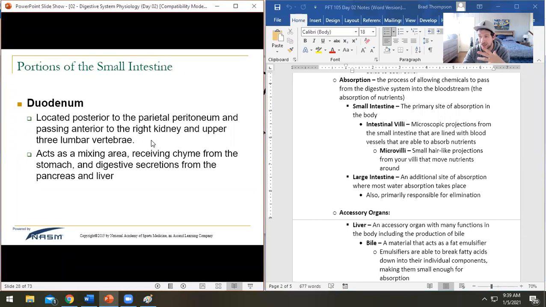This is really the mixing area where all that wet soupy mixture gets mixed together with that bile that I just talked about, or those pancreatic enzymes. It gets mixed with those materials to do any final digestion. If at this point stuff hasn't been finished digesting, the very first section of your small intestine is going to finish it all off.